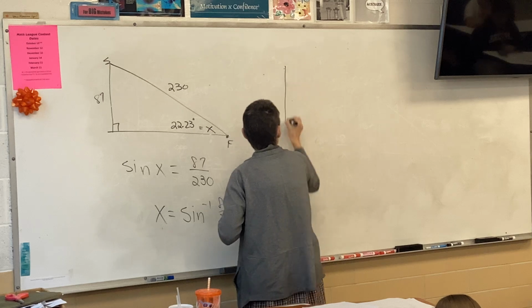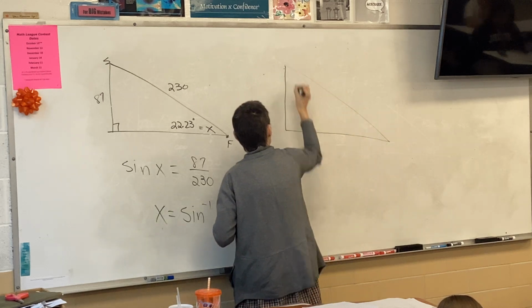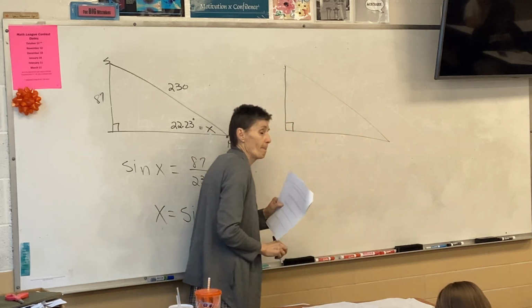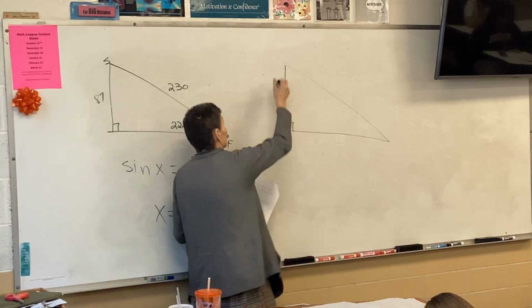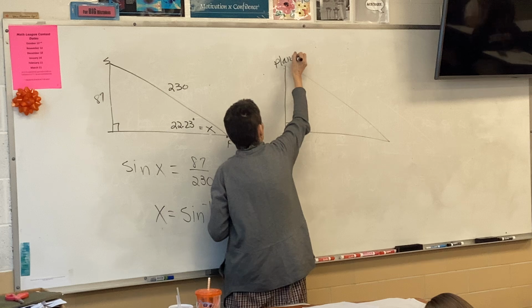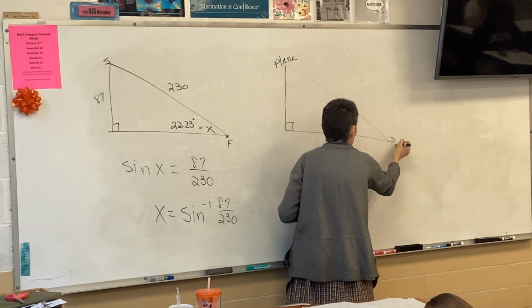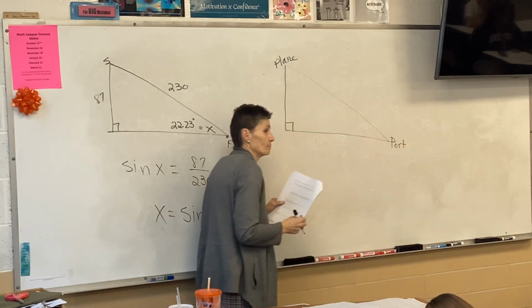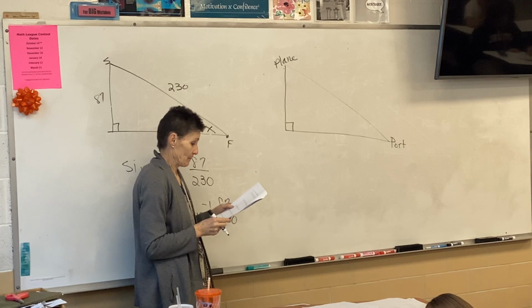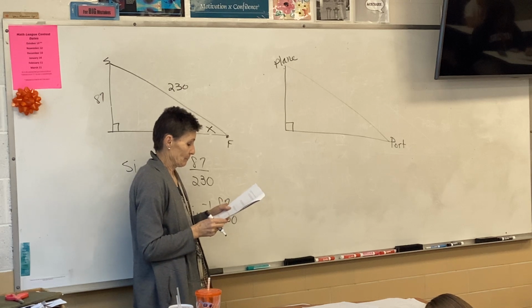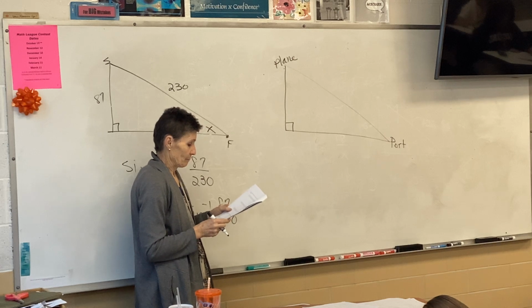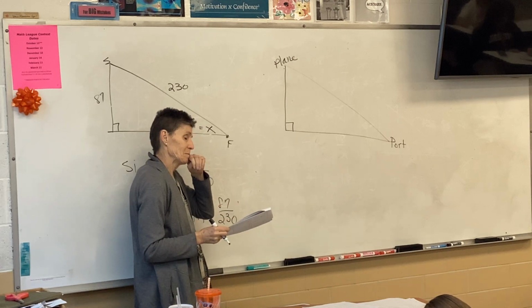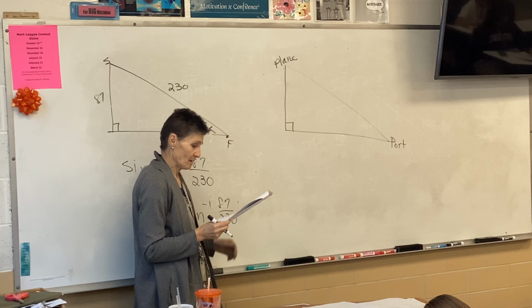I'll give you a hint. It's gonna look like all the other triangles we've drawn. Where's the 5,000 go?